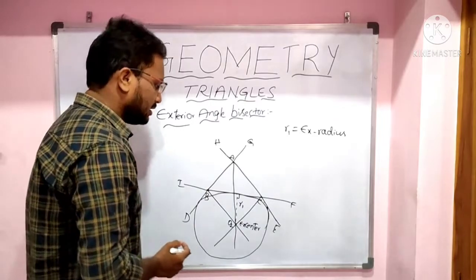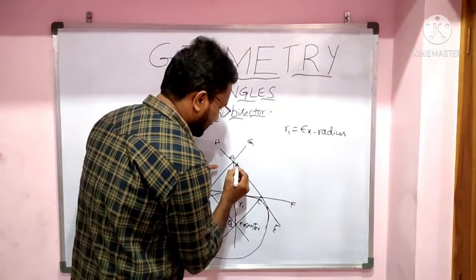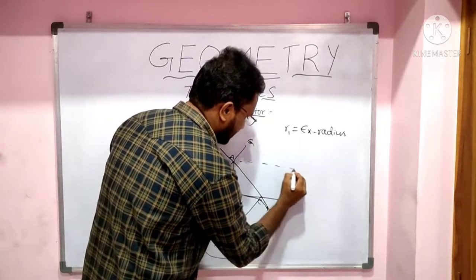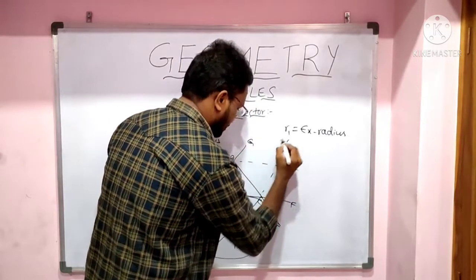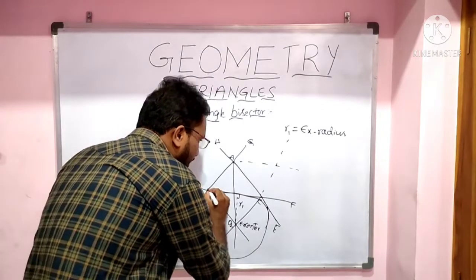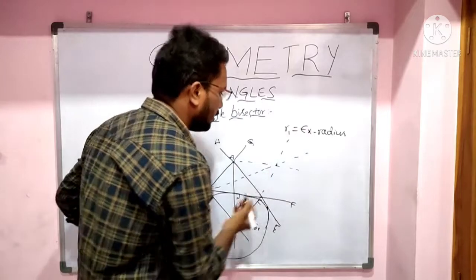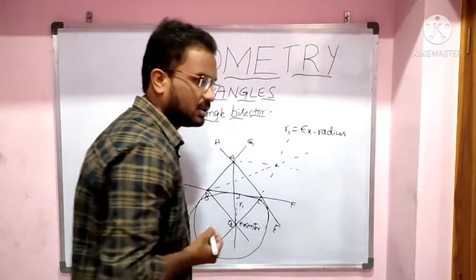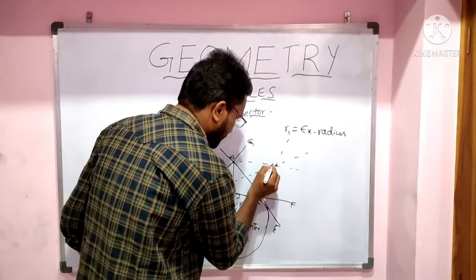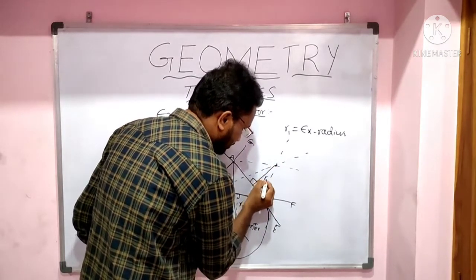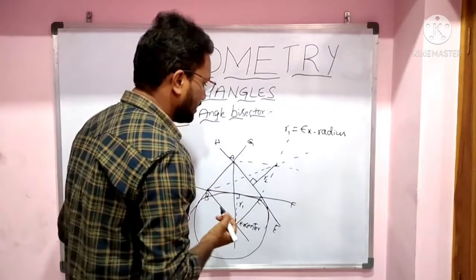If we draw angle bisectors for these exterior angles and one interior angle bisector, this is the interior angle bisector. Then all these three will meet at a point. This point is called excenter. Let us say this is R2, one of the exradii.